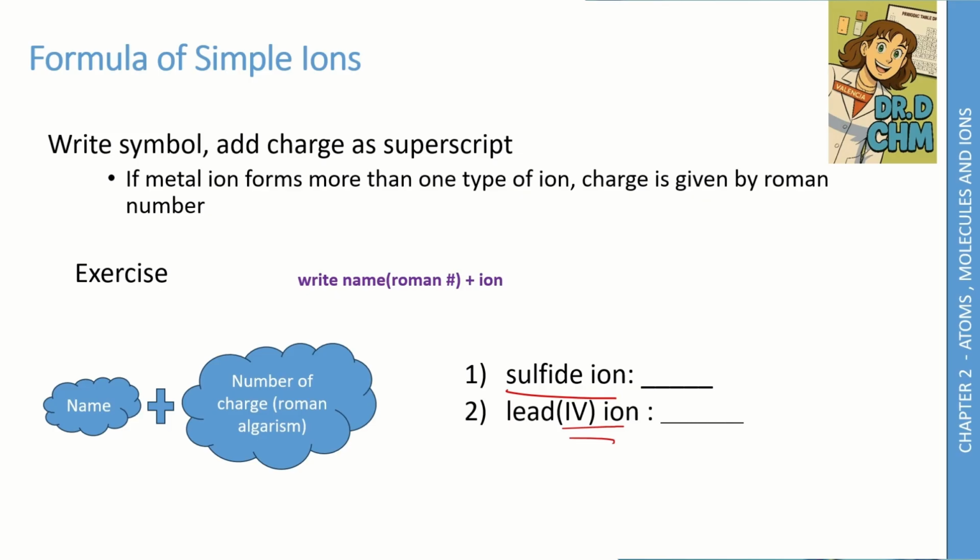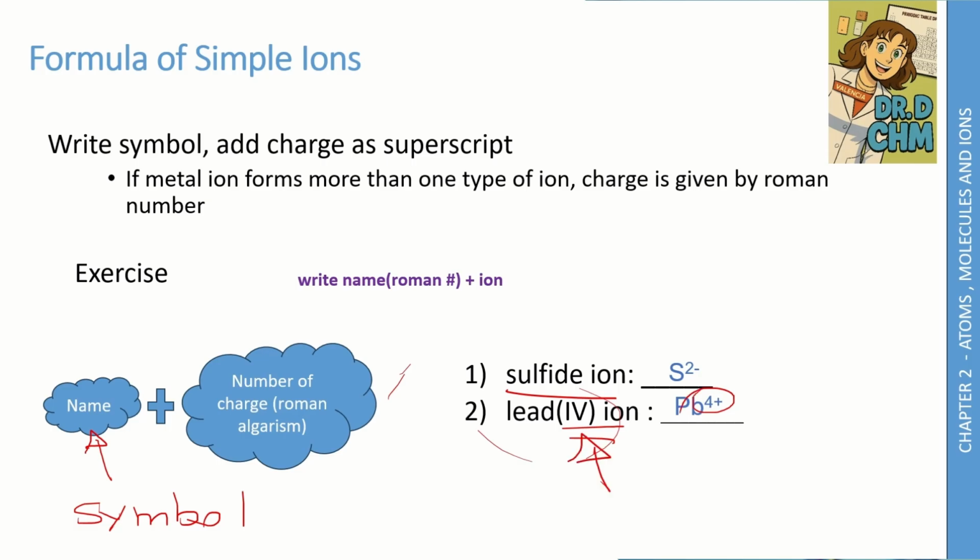How do you represent that? First, you write the name, and now you use the symbol and the number of the charge. The charge is -2 because sulfur is in group 16. So it's -2. Lead is already giving me what it is: lead is 4. So this is what I need to write down.